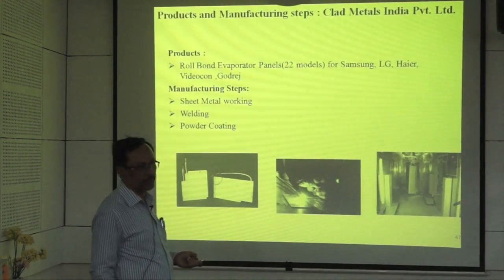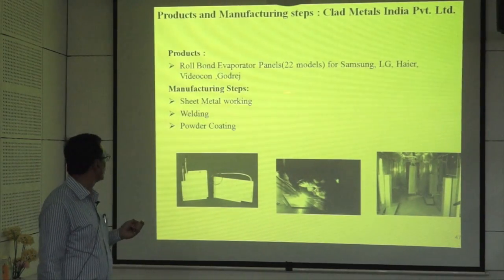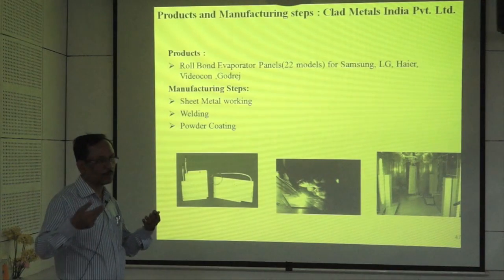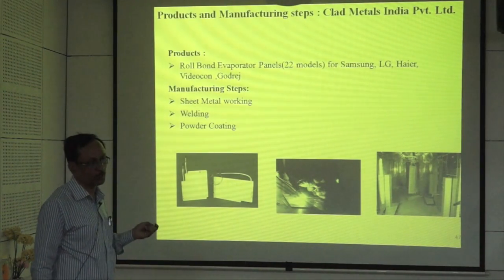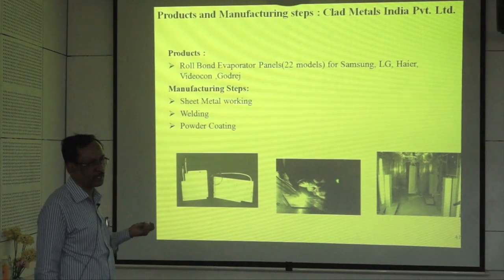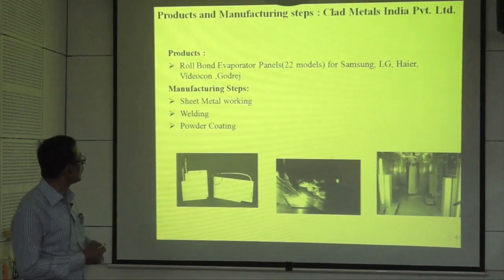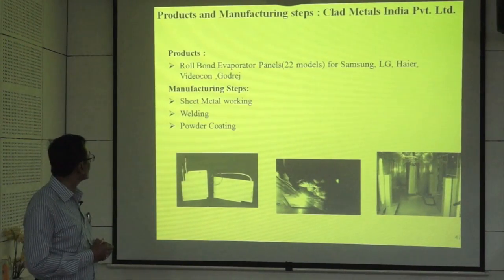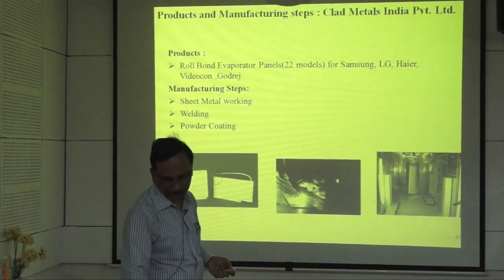Now, this is the basic manufacturing process. There are 3 steps. One is sheet metal working. Second is welding, which is the assembly of the tubes to the roll bond panel. And third is powder coating, which is a completely automated system. These are the 5 customers, Samsung, LG, Videocon and Ghrce, for whom they make roll bond panels.